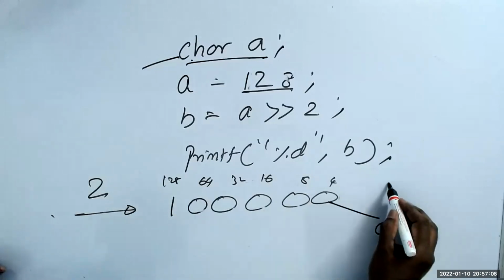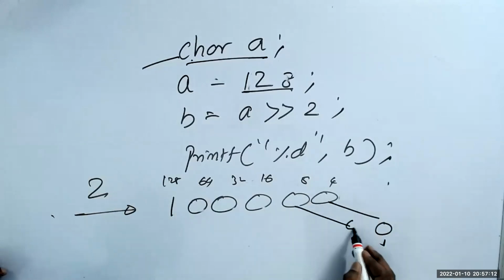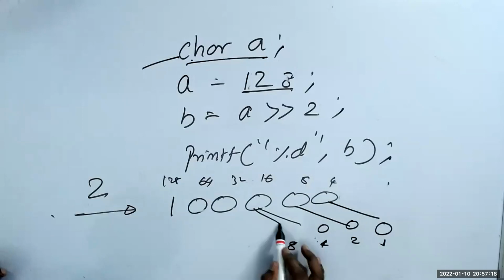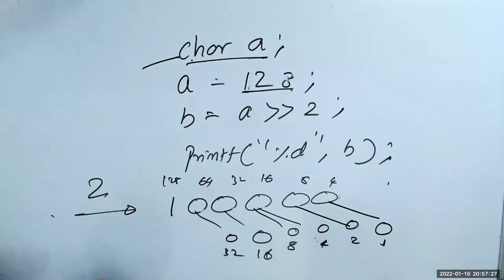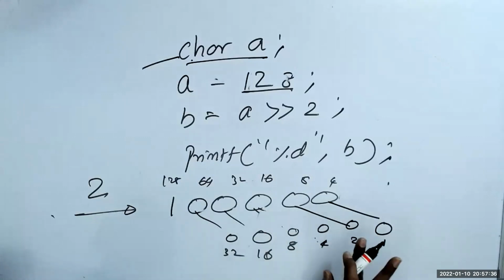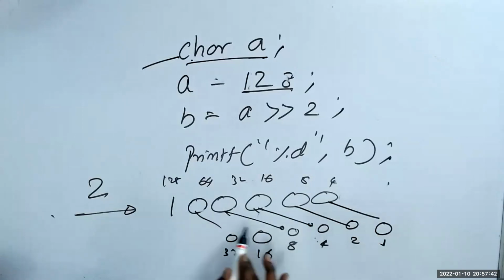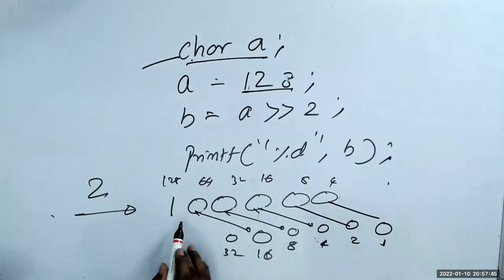That is 1 position, and 2 position becomes 0, and 4th position becomes 0, 8th position becomes 0, 16th position becomes 0, 32 position becomes 0. Now this becomes 1. But you have 2 more positions, 64 and 128.